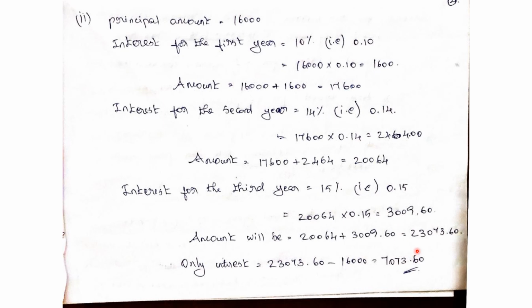The amount finally will be 23,073.60. Okay, only the interest. When they asked only the interest, for that we should take this final amount minus initial principal amount, that is minus 16,000. So we'll get 7073.60.